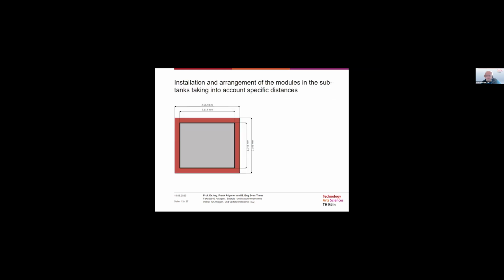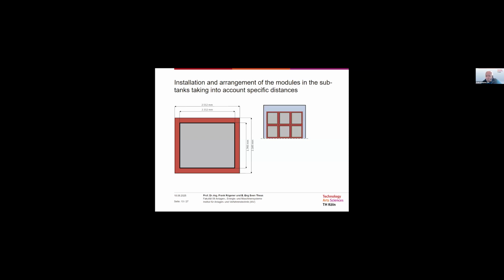This is the footprint of a single module. The gray area shows the footprint of the original part, and the red area shows the additional area that is required for the pipings and connection lines.